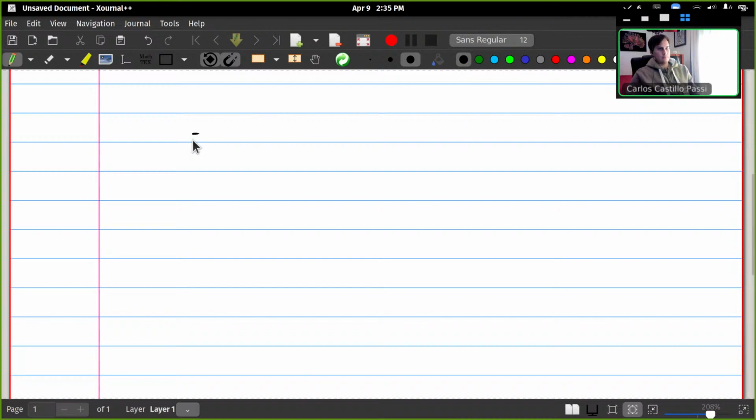Okay, so maybe let's do an example. If you have this matrix, this is my matrix A. The dimensions of the matrix are 2 times 2. Let's say I have this vector that is 1, 0.